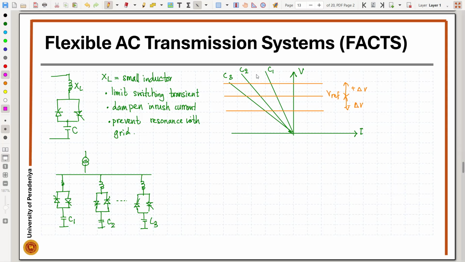So when you're operating in a certain grid condition, S1, you can operate at this point A with capacitor C1 operating, so you are within the limits.